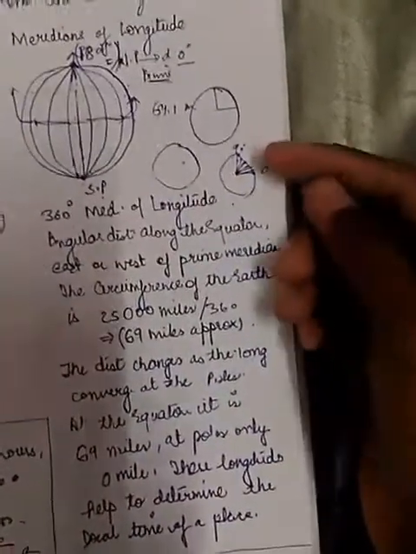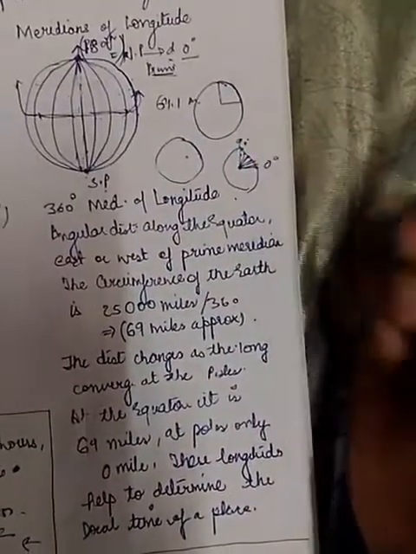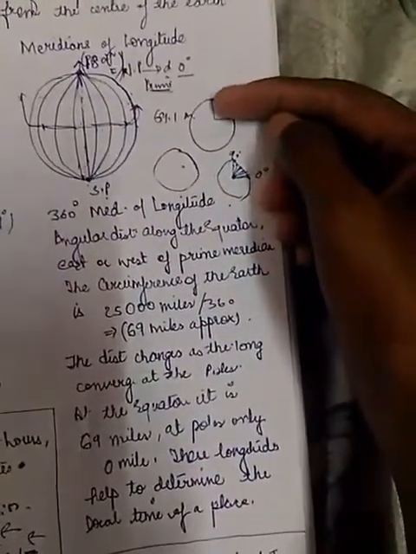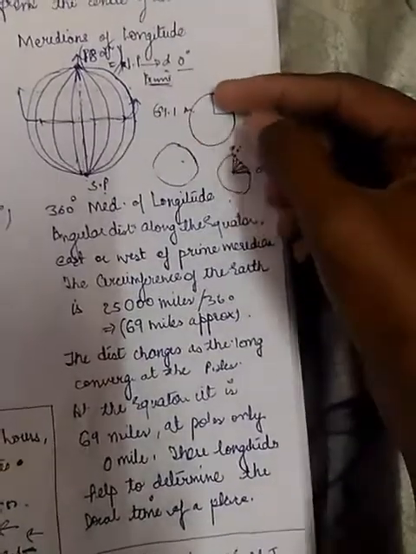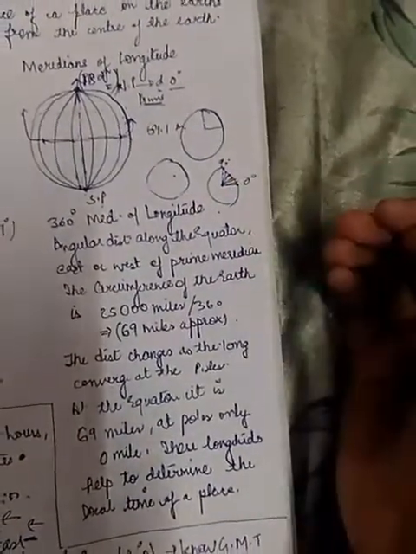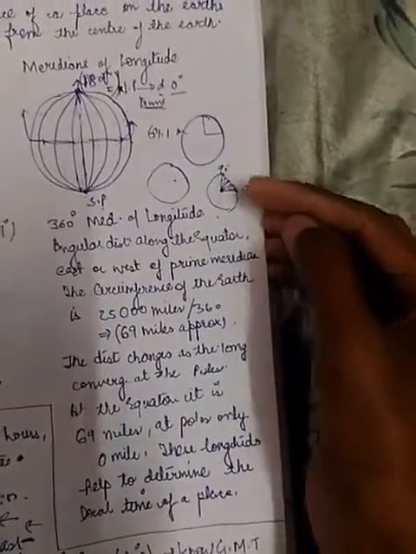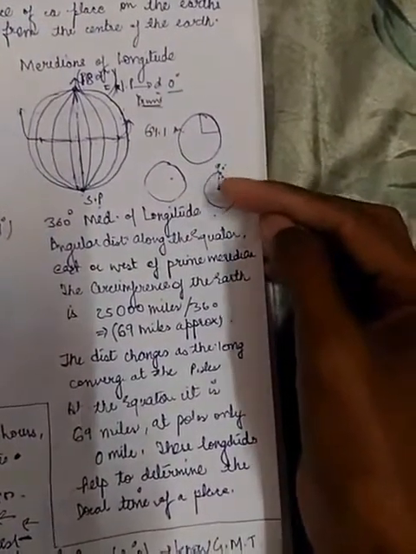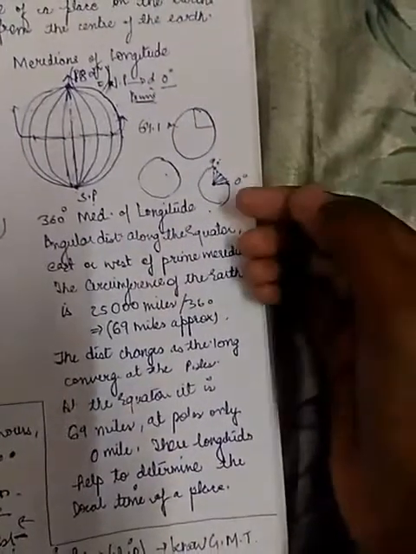Suppose we take an orange, and we take out the upper portion of this orange. So we are left with only this part of the orange. Now suppose there is a protractor we have kept here, and we can see that the portion where I have drawn lines has degrees.